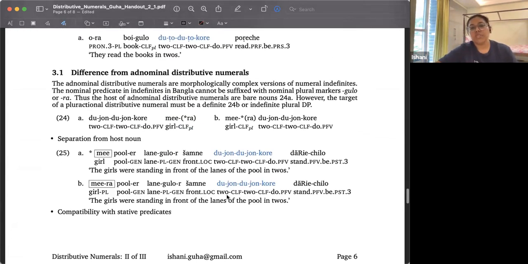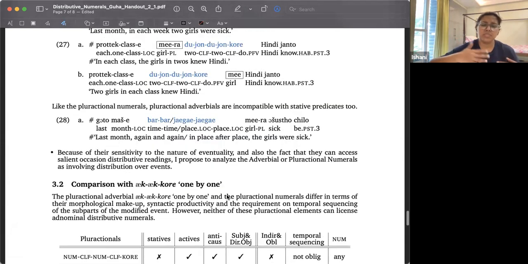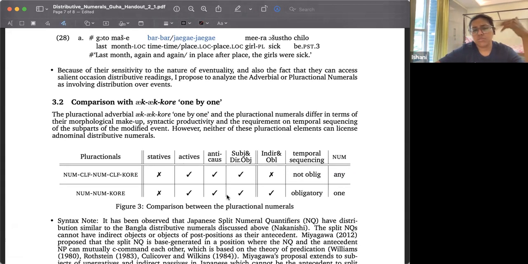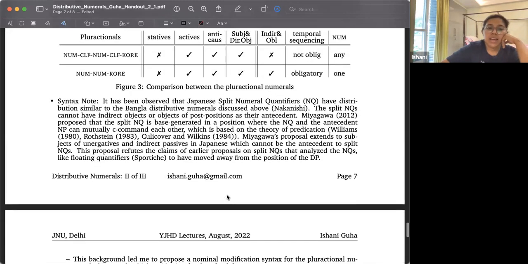Okay, so yeah, and actually there are more things on the distinction between these things or similarities, etc. And both of them can be comfortably shown to be dealing with distribution over events.